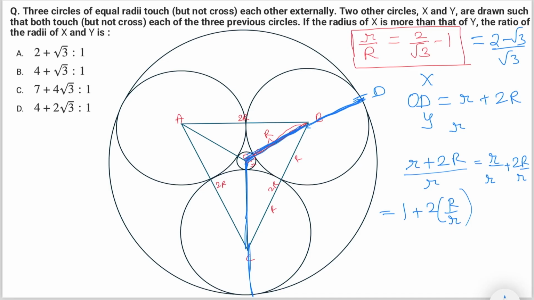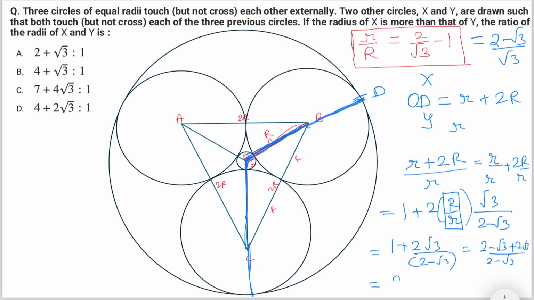So if small r upon capital R is 2 minus root 3 upon 3, the reciprocal capital R upon small r will be root 3 upon 2 minus root 3. So what we are getting now is 1 plus 2 root 3 upon 2 minus root 3. On cross multiplying, this will be 2 minus root 3 plus 2 root 3 divided by 2 minus root 3, or this becomes 2 plus root 3 divided by 2 minus root 3.